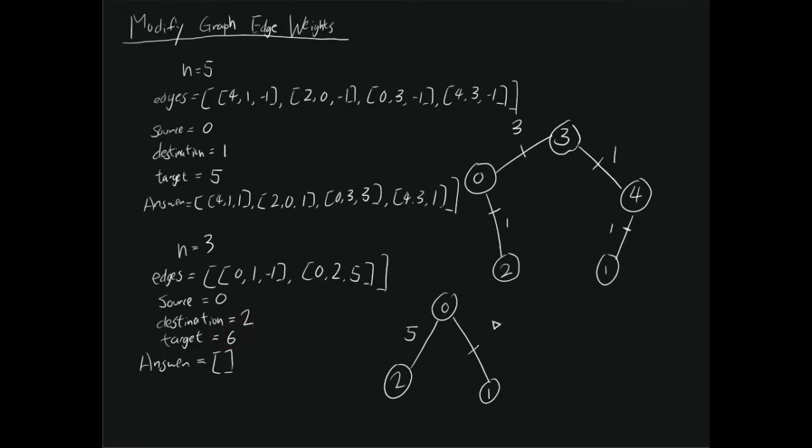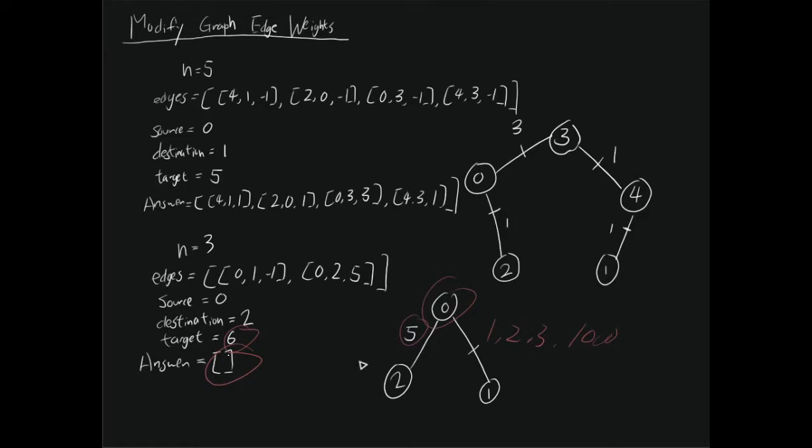Notice that no matter what we set here, 1, 2, 3, or 1000, it doesn't matter, because this doesn't affect how 0 goes to 2. That's why no matter what we set, we cannot reach the shortest path being 6, because it will always be 5. That's why we should return an empty array if such an arrangement is not possible.